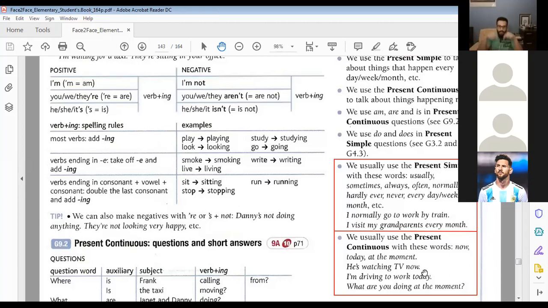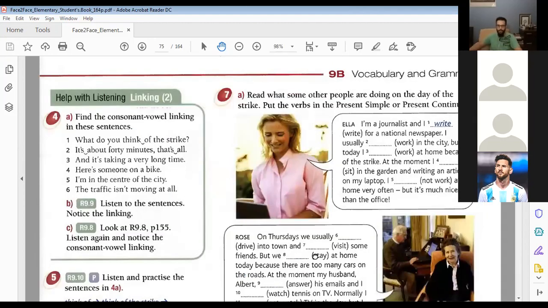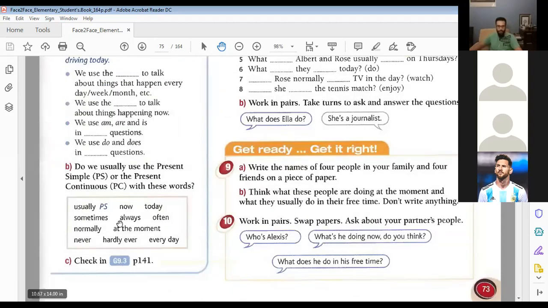Anything talking about now, at the moment, something happening now, this is present continuous, okay? This is the idea. Okay, so let's go back. So here we have, I think we have some exercises. Let's check the exercises together. Okay, so we talked about the rules. We talked about some of the words which are used for present simple, some of the words which are used for present continuous.